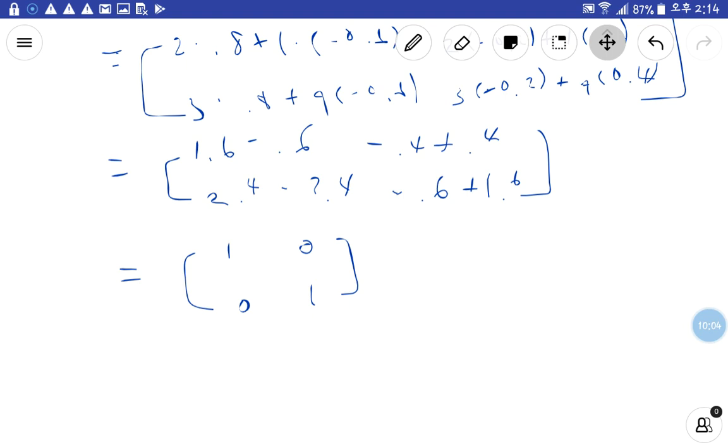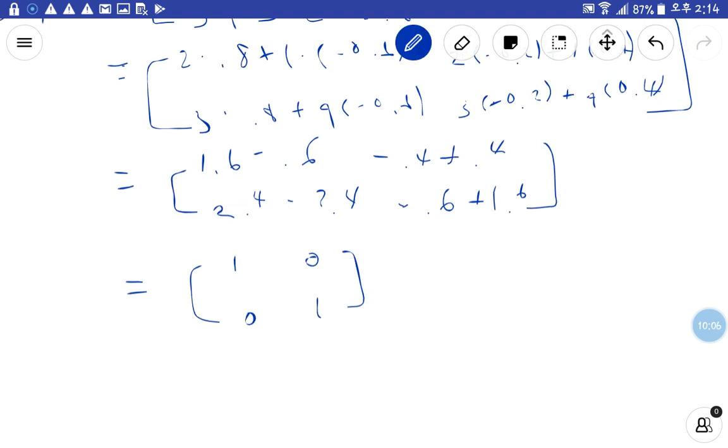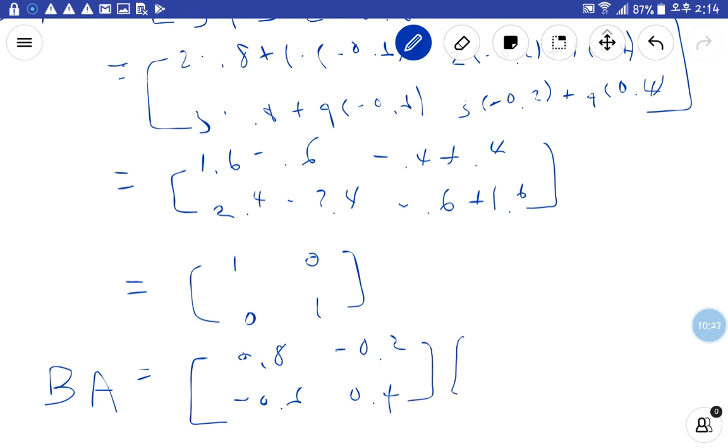Now I can check BA. My B is 0.8, negative 0.2, negative 0.6, and 0.4. You should multiply with 2, 1, 3, and 4.